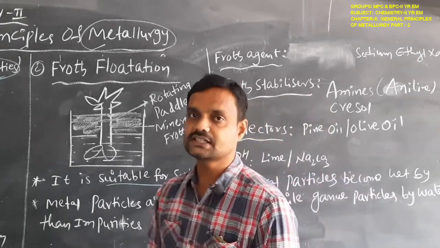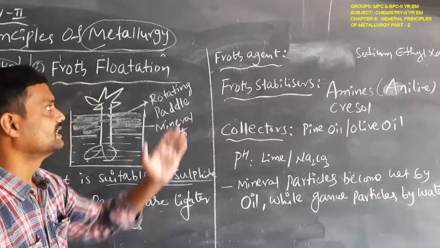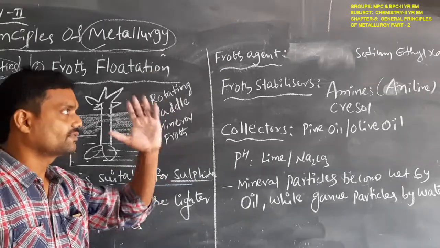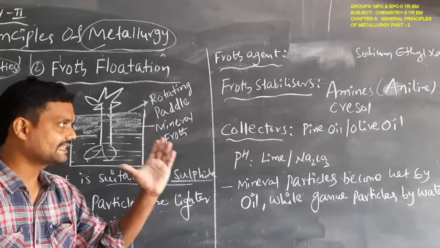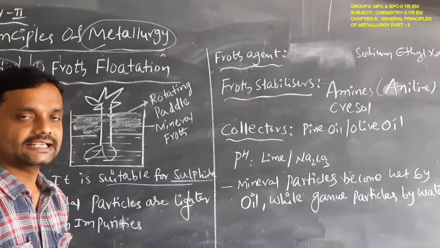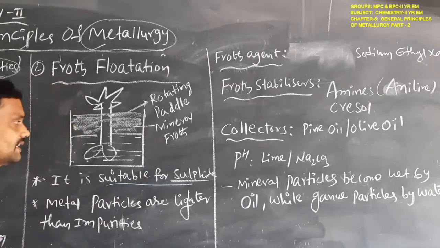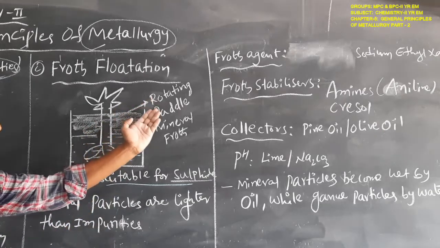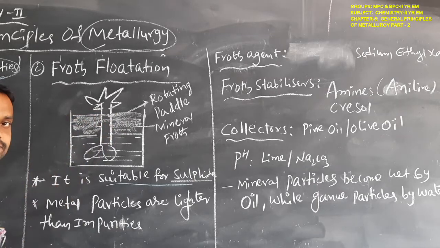To that we add a frothing agent like sodium ethyl xanthate, froth stabilizers like amines, aniline or cresol, collectors like pine oil or olive oil, and lime or sodium carbonate to maintain the pH. By using the rotating paddle, the whole mixture is rotated.